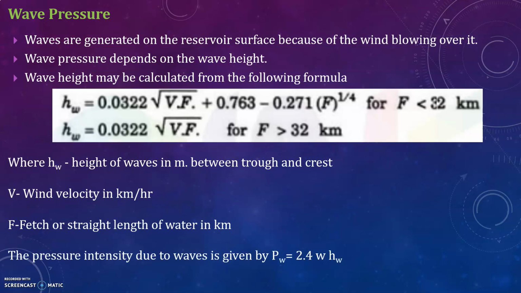The pressure intensity due to waves is given by Pw = 2.4 w Hw.